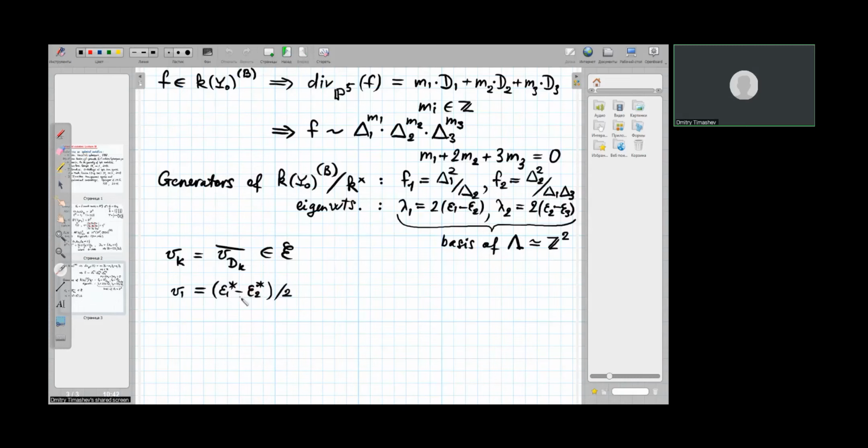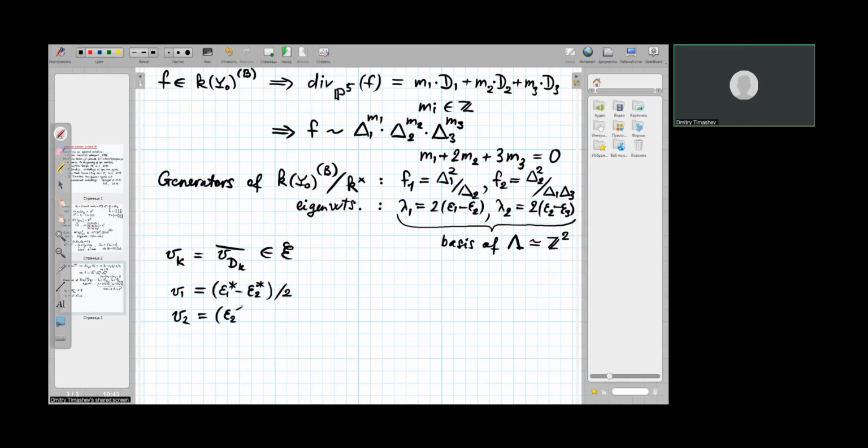But I can identify this quotient space with a subspace in E consisting of vectors whose coordinates sum up to 0, like here. And under this identification, I just can write these vectors in terms of this basis. So this is V1, and similarly, the other vectors V2 and V3 can be written like this.